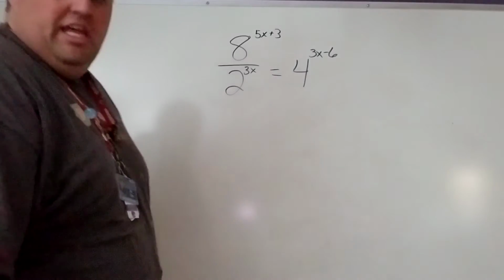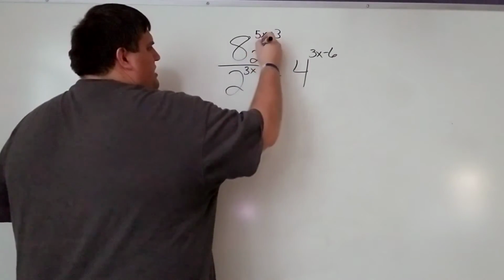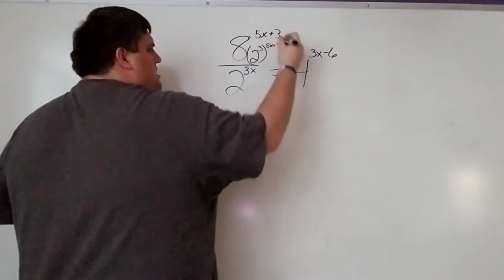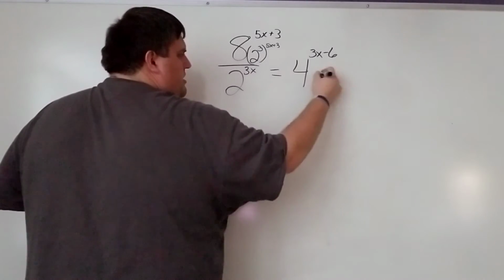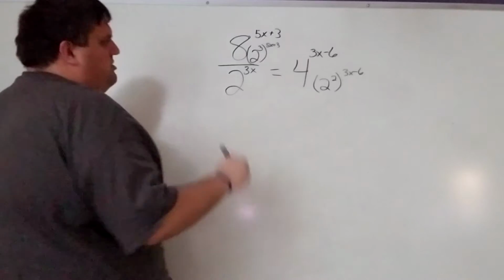But they all look like they could probably be 2s. So this one would be 2 to the 3rd, this one would be 2 squared. So let's do some distributing.